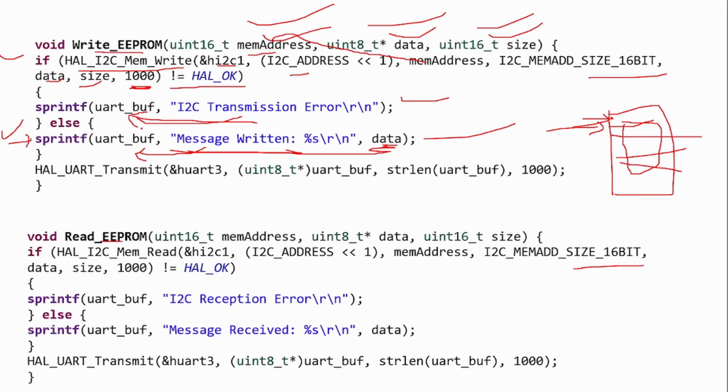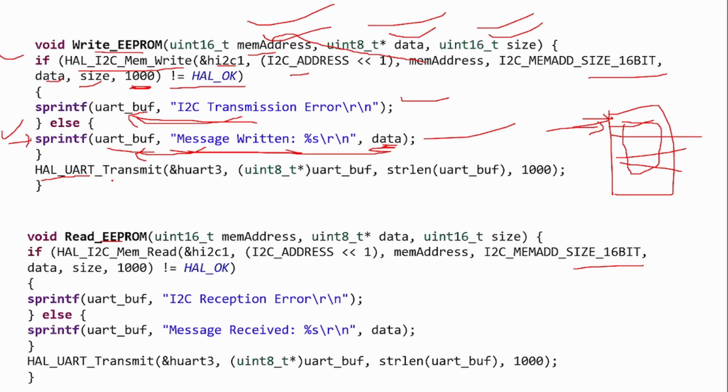Let us consider the successful case. If the memory is present and the device writes successfully, the UART buffer will have the message written and your message, and this is the common part. In the successful case or the unsuccessful case, this UART will display the message.